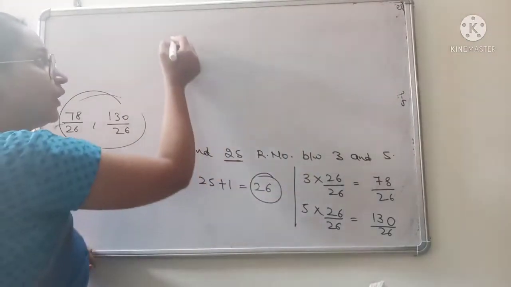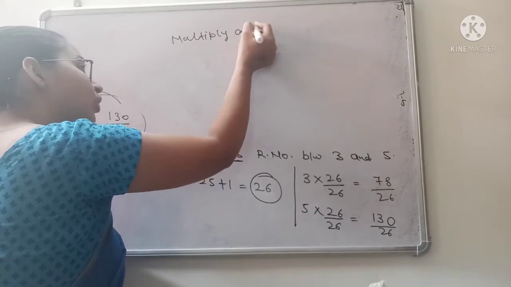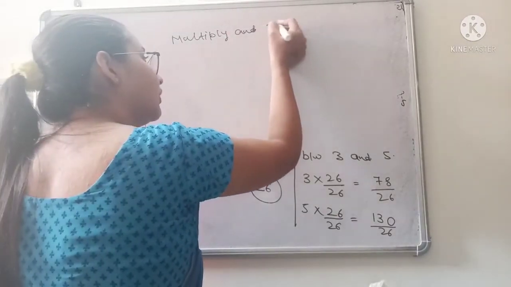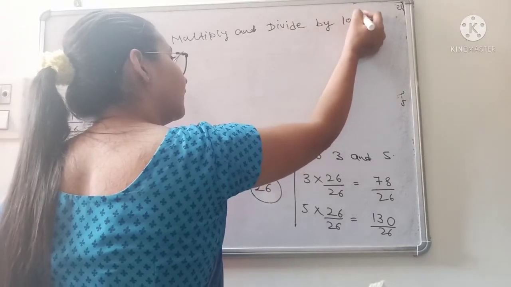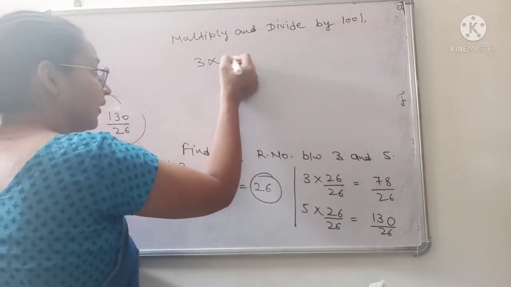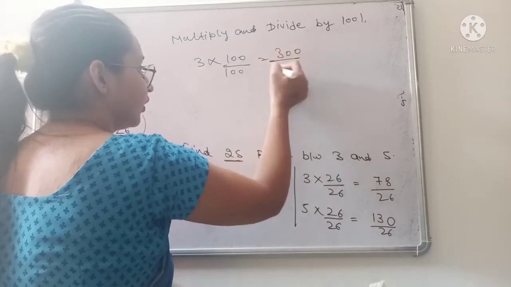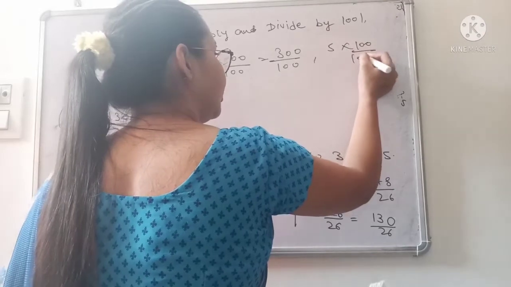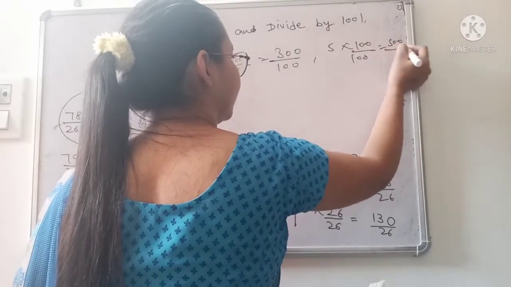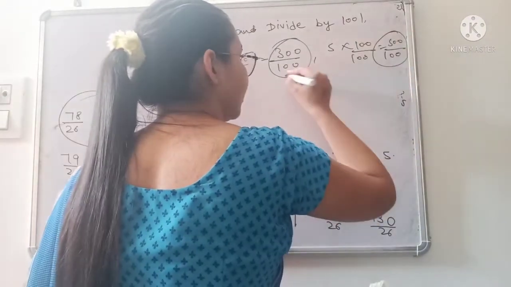And if I am going to multiply, then obviously I have to divide the given number also. So multiply and divide by 100. So 3 multiplied by 100 upon 100 will be 300 upon 100. 5 multiplied by 100 upon 100 will be 500 upon 100. Now the two fractions are 300 upon 100 and 500 upon 100.